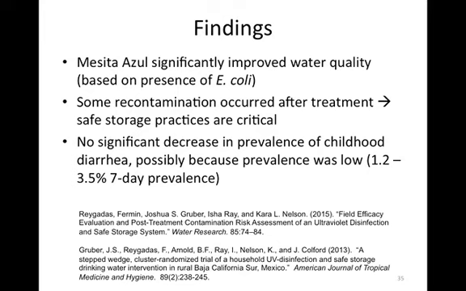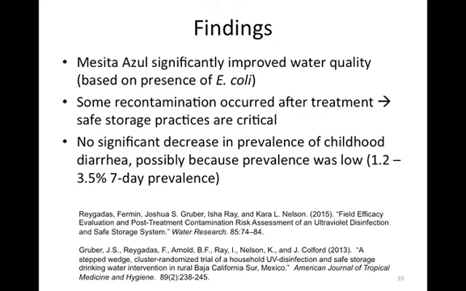Households were asked how many household members had had diarrhea in the previous 7 days. So that's great news. It's great that childhood diarrhea is not highly prevalent in these communities, but as a result of that, we weren't really able to improve upon that.